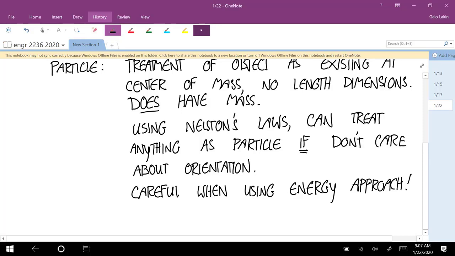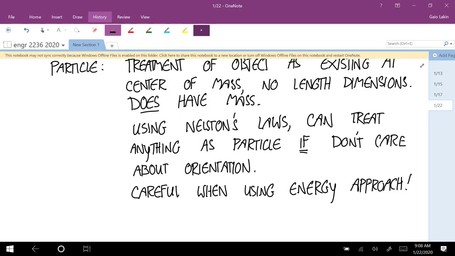But the reason is that when you're using an energy approach, you know, basically you think of potential energy and kinetic energy going back and forth. Well, bodies have translational kinetic energy, but they also have rotational kinetic energy. And potential energy can be exchanged with rotational kinetic energy too. And a particle doesn't have rotational kinetic energy.